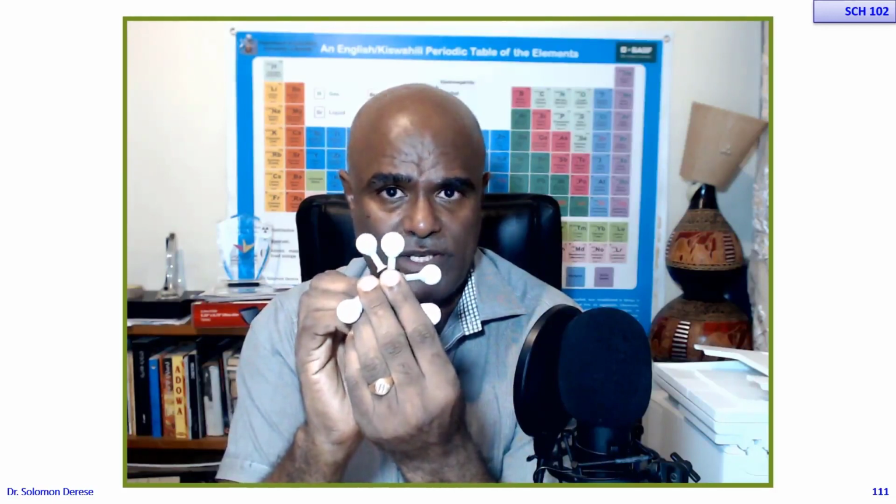So in order to become stable, this molecule will rotate across its carbon-carbon single bond. Then as it rotates through its carbon-carbon single bond, slowly the two hydrogens will continually move apart from each other.